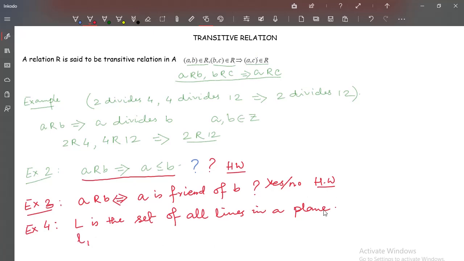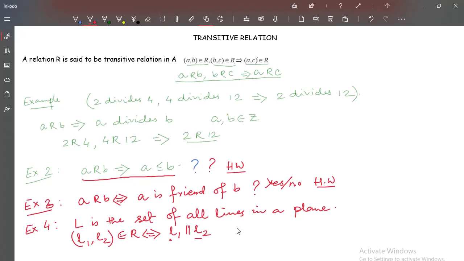We are defining a relation R. (L1, L2) belongs to R by this relation: L1 is parallel to L2. Is this a transitive relation?